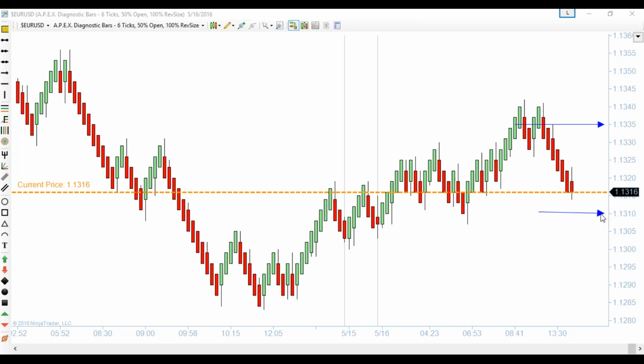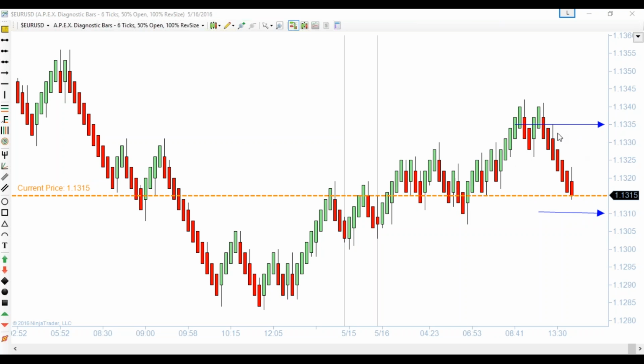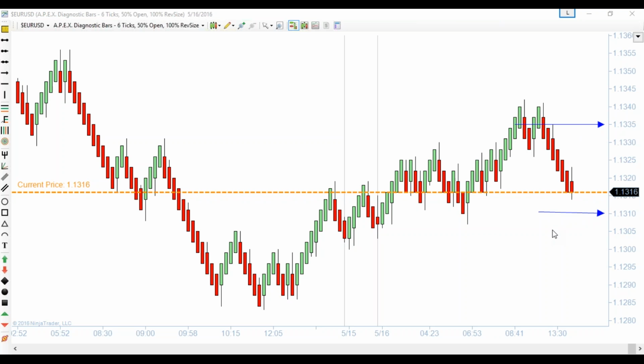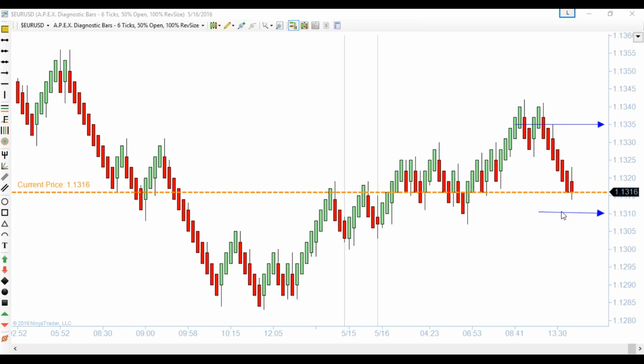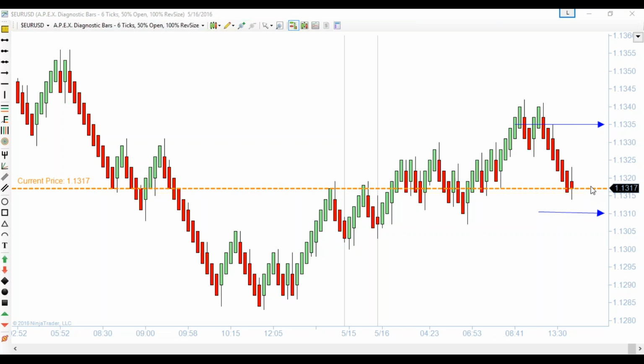Because when I buy here, I'm saying the market will expire above here. When I sell here, I'm saying the market will expire below here. So as long as it expires somewhere in between the two, I win on both. Make sense? So if I bought this one for 75, I can make $25 off of it.